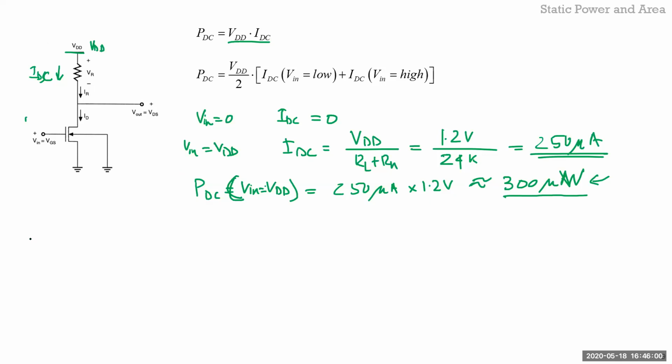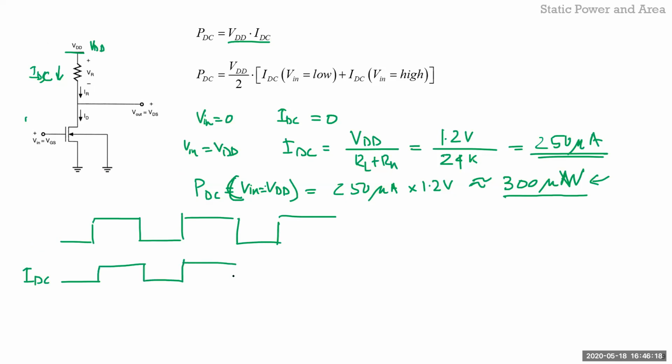So the way the static gate calculation is done is, let's say for example the input was just a clock, or some data which is going 0, 1, 0, 1. If you look at the IDC, it'll go 0, 250 microamps, 0, 250 microamps, 0, 250 microamps, 0. If I take the average value of this, it'll be 125 microamps.